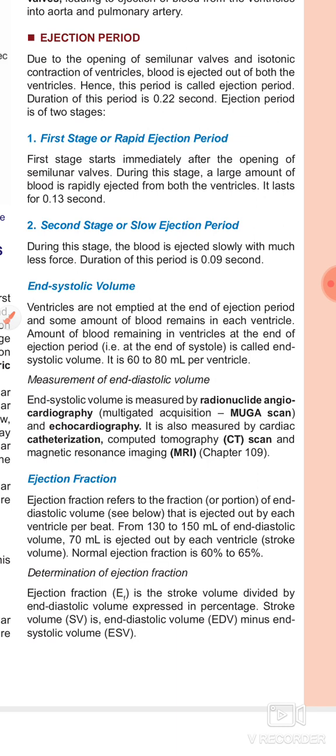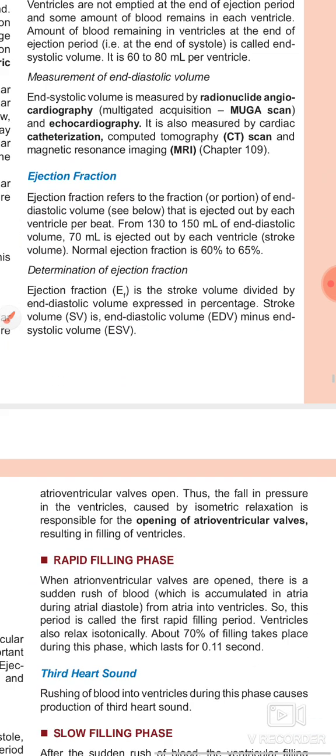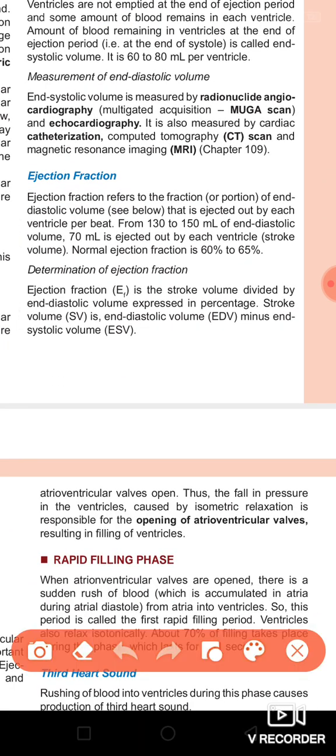So now there is the ejection fraction. Ejection fraction refers to the fraction or portion of the end diastolic volume that is ejected out of each ventricle during each beat. So ejection fraction is the amount of blood which moves out through the ventricles during each beat, and from 130 to 150 ml, about 70 ml is ejected out by the ventricles.